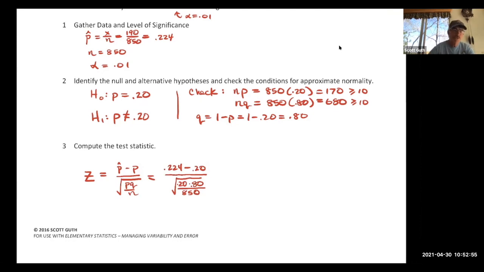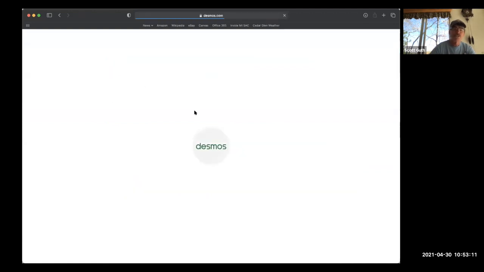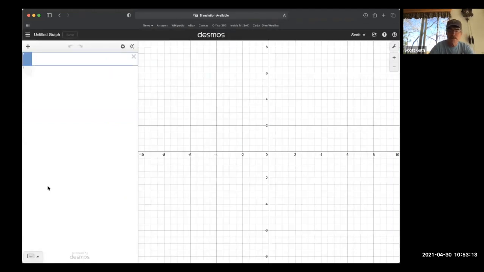So I'm going to go ahead and share my Desmos screen real quick. Okay, so hopefully you're seeing Desmos. Let me go into the graphing calculator. If you have trouble making a computation like this that has a really complicated fraction, start by just doing the slash for a division, and that creates a fraction that you can type into.